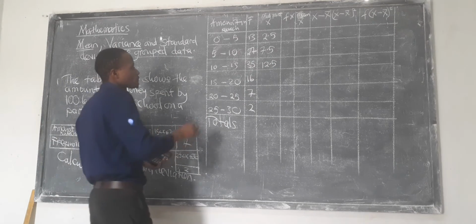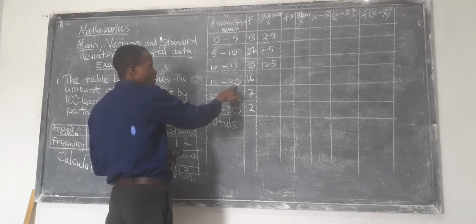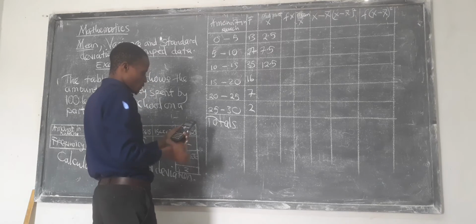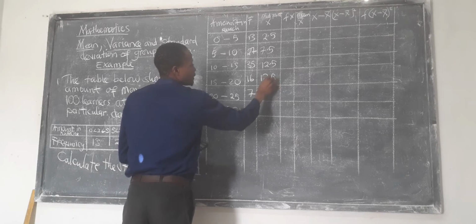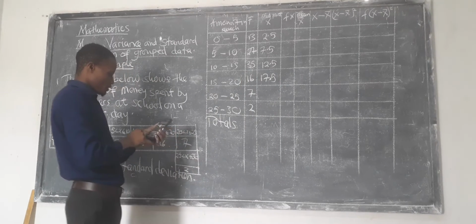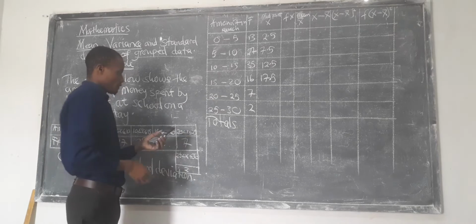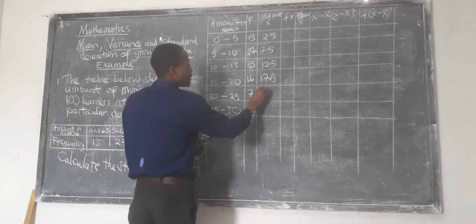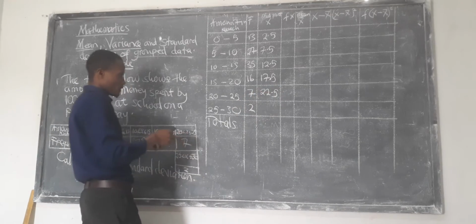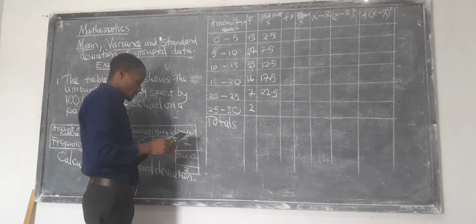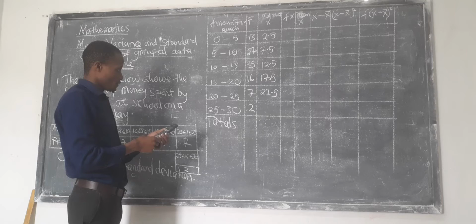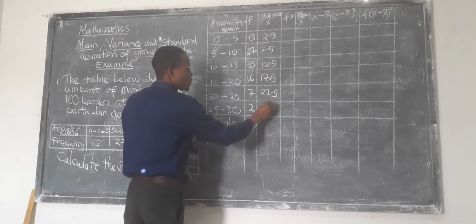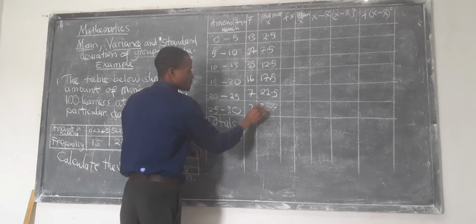Then we have 15 plus 20, which gives you 35. 35 divided by 2, we have 17.5. Next we have 20 plus 25, which gives 45. 45 divided by 2, we have 22.5. The last one, 25 plus 30, we get 55. 55 divided by 2, we have 27.5.